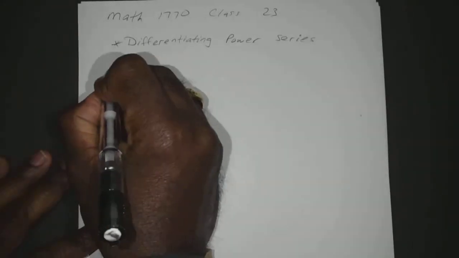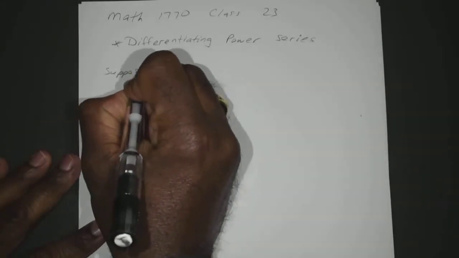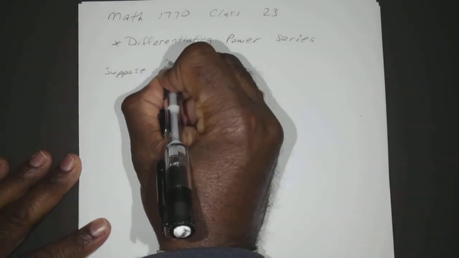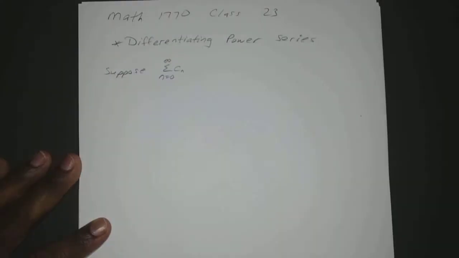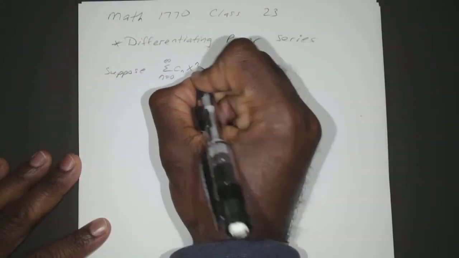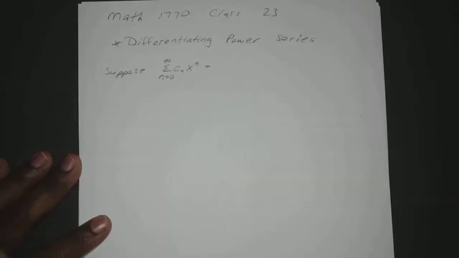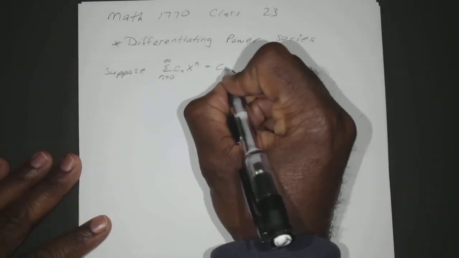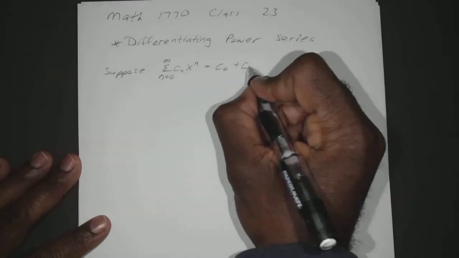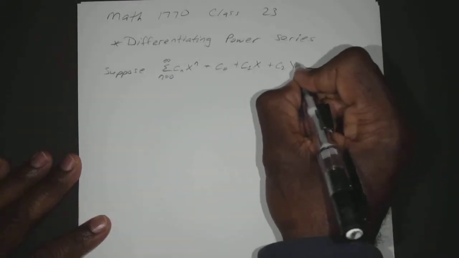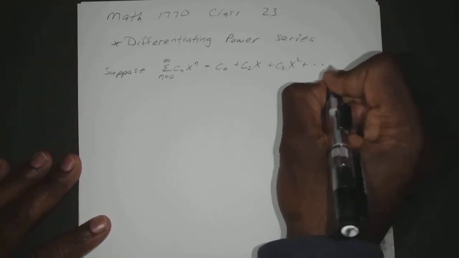Okay, so let's just suppose that the power series from n equals 0 to infinity of c sub n times x to the power of n, which, if you plug in 0, you get c sub 0 times 1 plus c sub 1 times x plus c sub 2 times x squared, and it keeps on going and going and going.